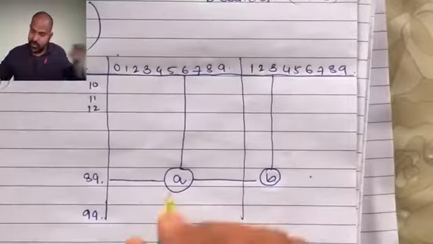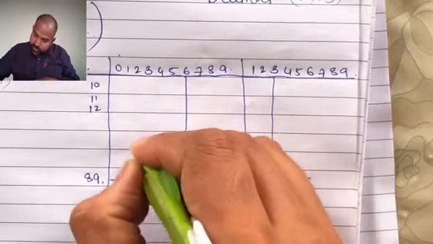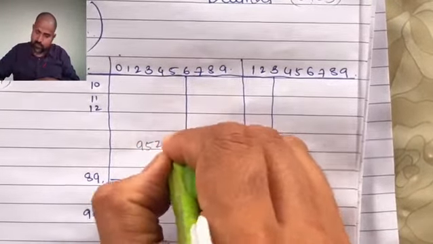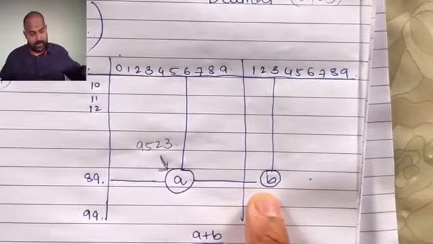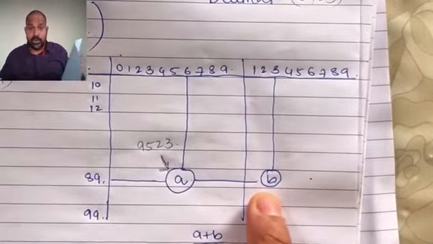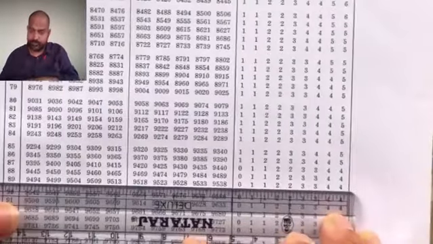So let's write that down. My A here, this value right here is 9523, and my B here, in 89 I have to look for a 6, and in that I have to look for a 3. So 89, 6.